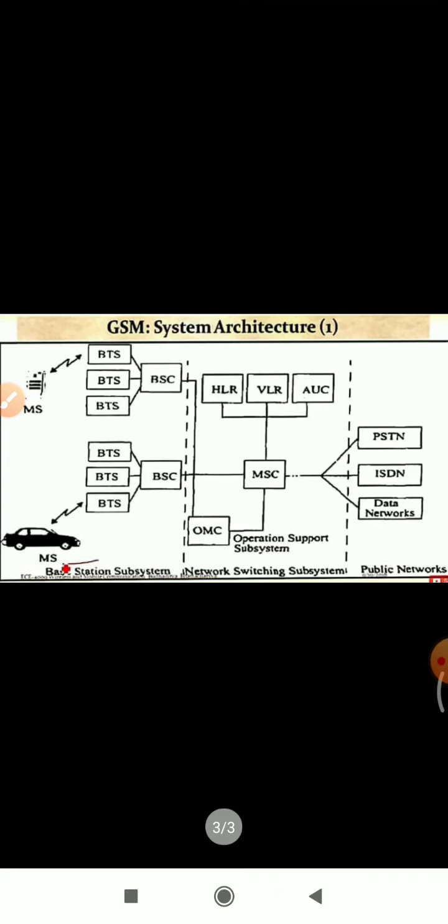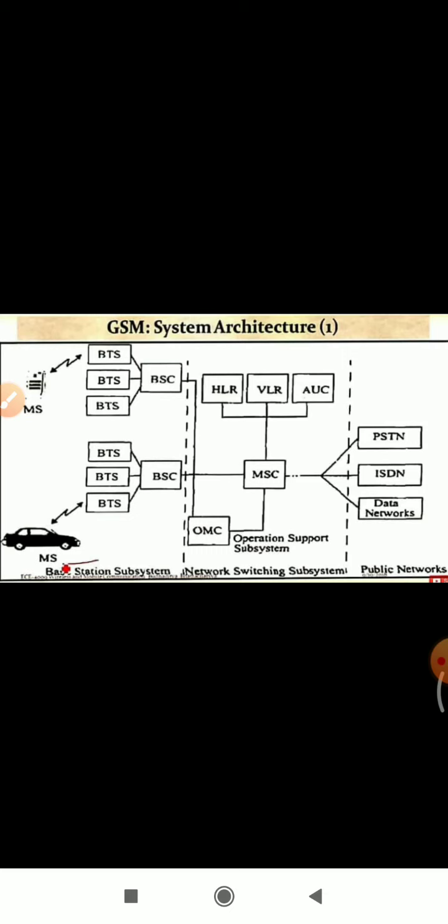These BTS units perform signal processing as well as transmitting and receiving the signal to each and every MS unit connected to it, that is the mobile stations. Again, the BSC, that is the base station controller, does a very important function, that is allocating a channel for the duration of a call.